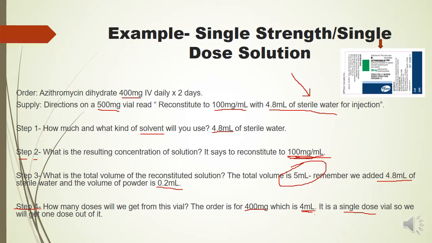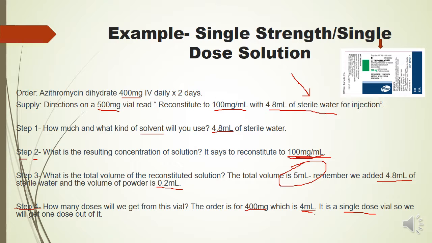So an example of a single strength, single dose medication, this teeny tiny little label in the top corner. Okay? So azithromycin dihydrate, 400 milligrams IV daily times 2 days. So our supply, as per that teeny tiny label that we really can't see very well, okay, this label up in the corner.